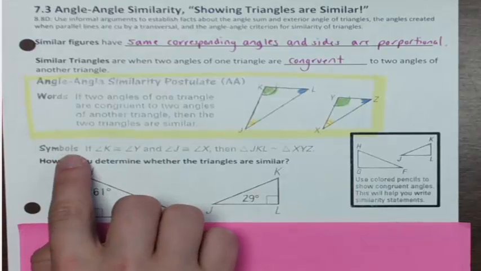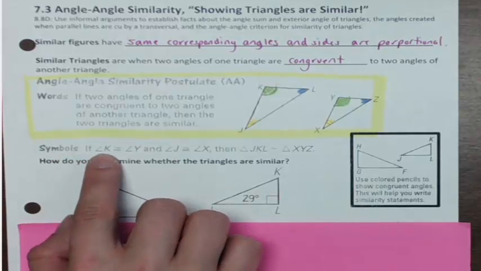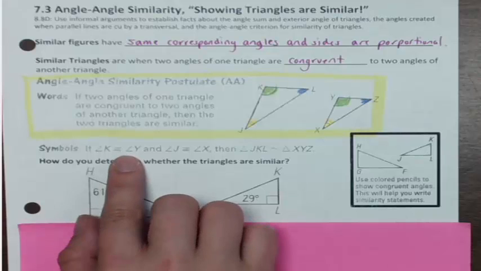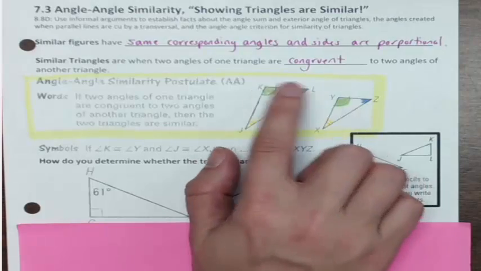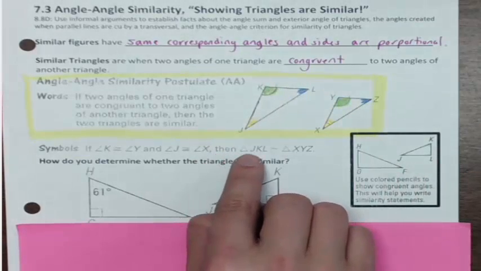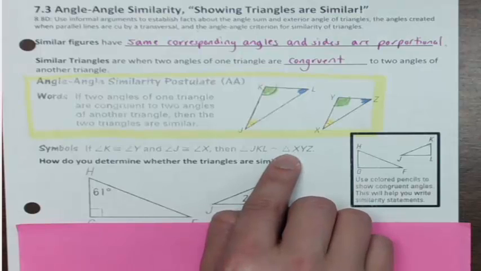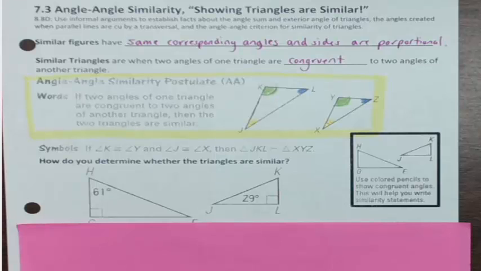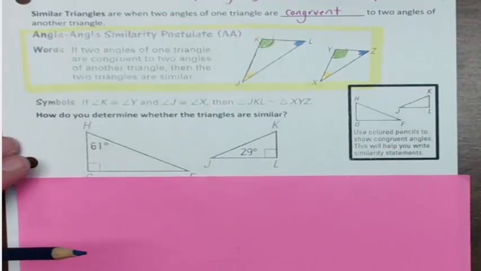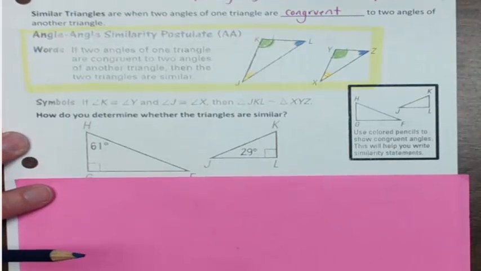So if angle K is congruent to angle Y, and angle J is congruent to X, so my yellows are congruent and my greens are congruent, then triangle JKL is similar to triangle XYZ. So how do you determine whether the triangles are similar?